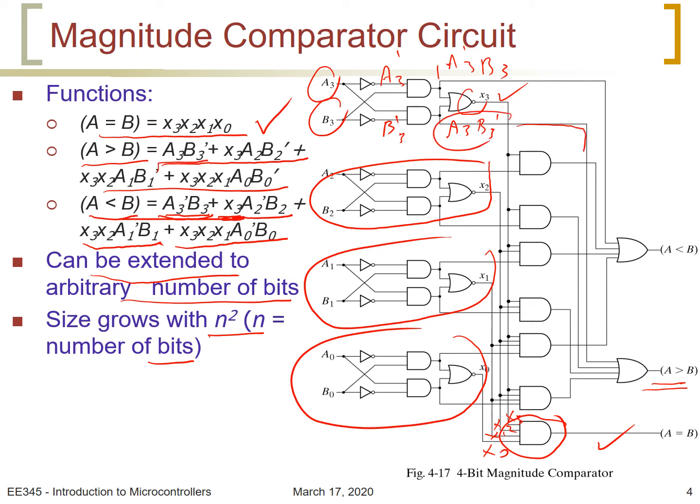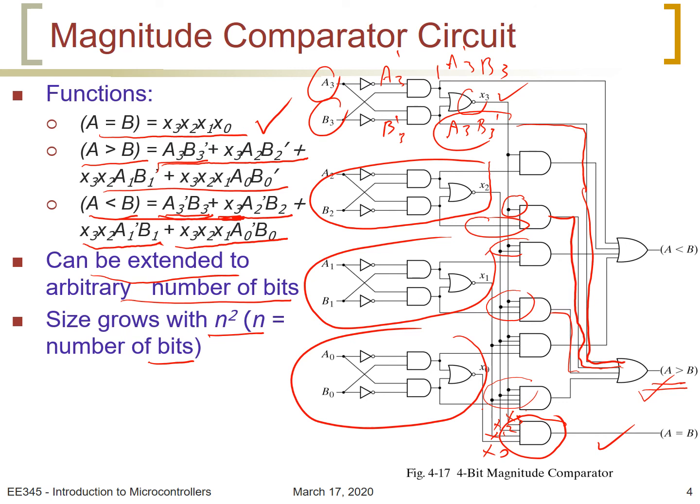We take it to the OR gate: either A3 is 1 and B3 is 0, or X3 and A2 B2 prime. So that's X3 and A2 B2 prime, or X3 and X2 A1 B1 prime, or X3 X2 X1 A0 B0 prime. That's A more than B.